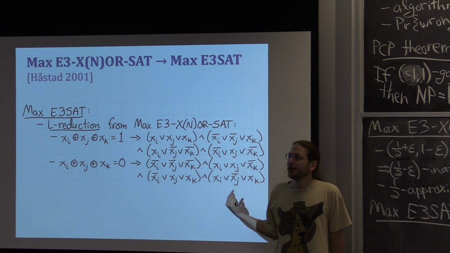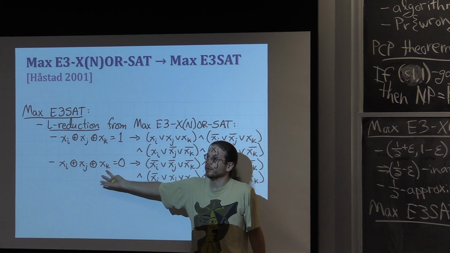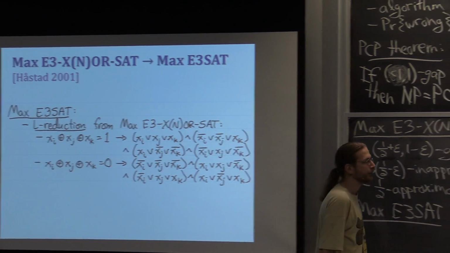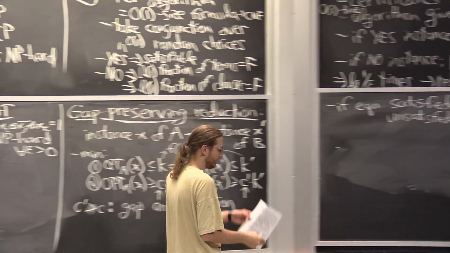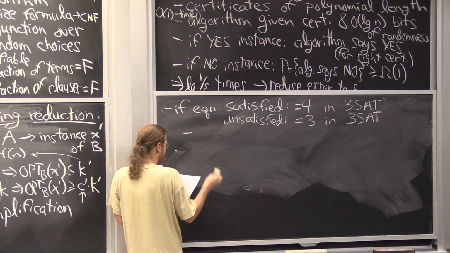In this case, the gap is exactly preserved because it's 4 versus 3 over here and 1 versus 0 over here. So the additive gap remains 1. And that is called beta, I think, in L reduction land.